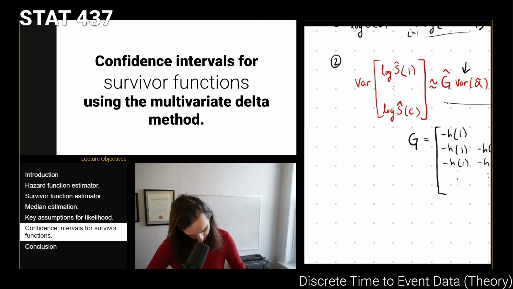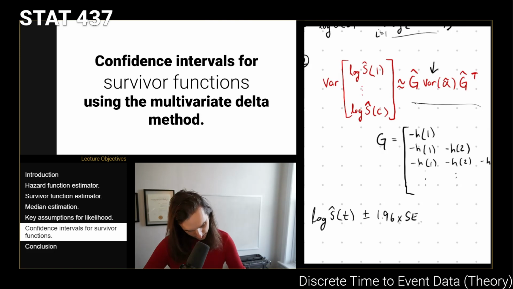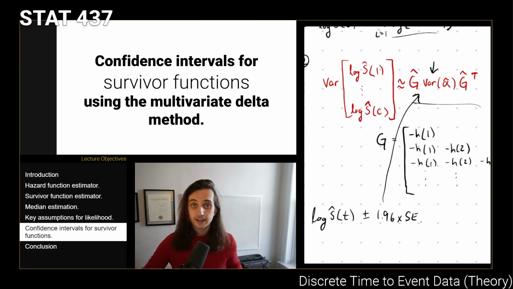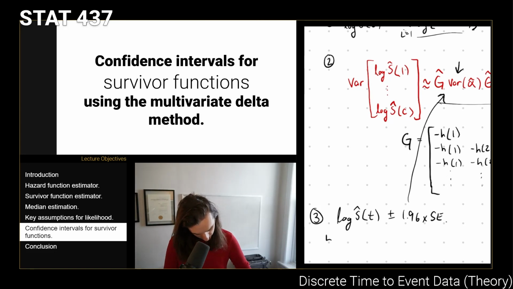So then step 3 would be that we take the log of our survivor function plus or minus 1.96 times our standard error, where the standard error is coming out of that right there. And then the final step is that to get back to the survivor function, we just have to take e to the log s hat, right?